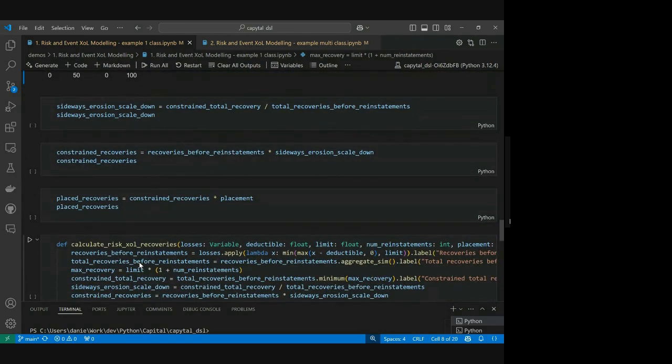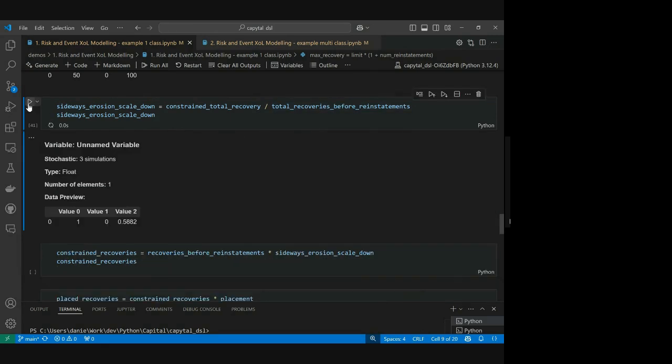So now we would want to scale down those individual recoveries, the original unconstrained recoveries. We want to scale those down to take allowance for this sideways exhaustion in the cover. So here I can look at this ratio between the constrained recovery and what the total recovery would have been without the reinstatements.